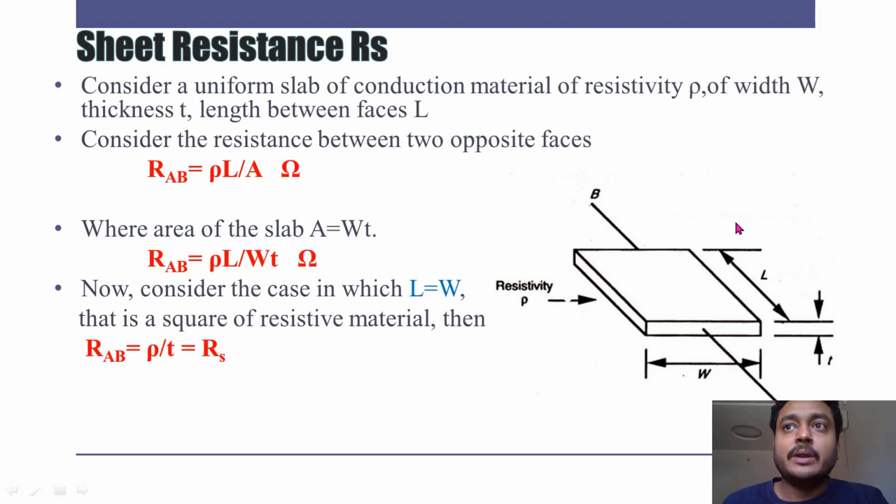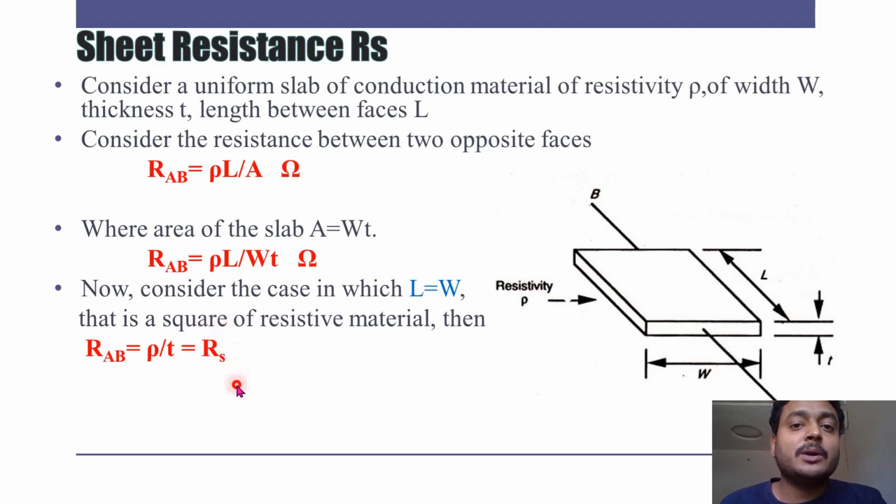Whenever you take a unit square, that is when L is equal to W, it may be 1 meter by 1 meter or 1 nanometer by 1 nanometer, whatever. The L by W ratio will become 1, so the resistance AB will become rho by T. When L is equal to W, we call this parameter a new parameter called sheet resistance.